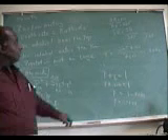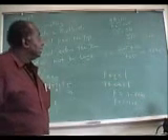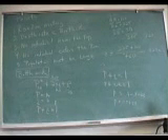Okay, so what is my total population? My total population was 380. So what is 0.4895 times 380? What does that give you?